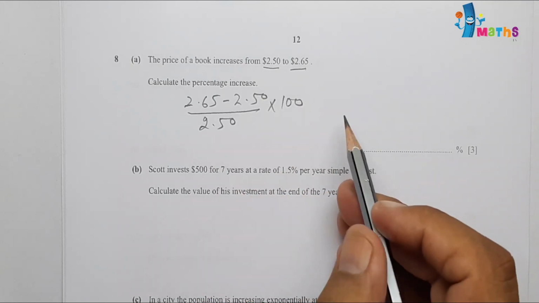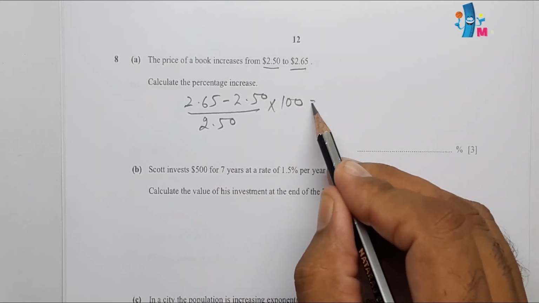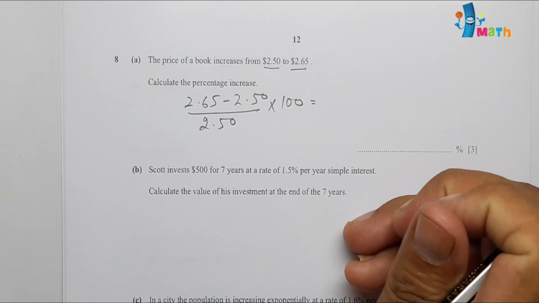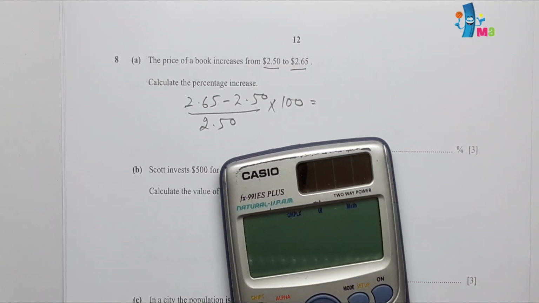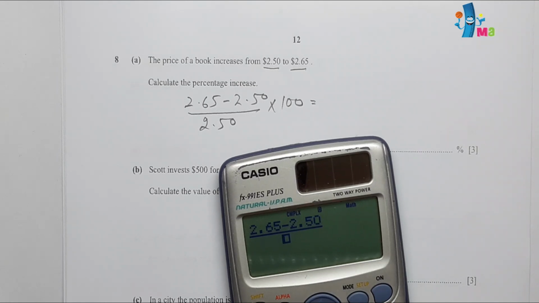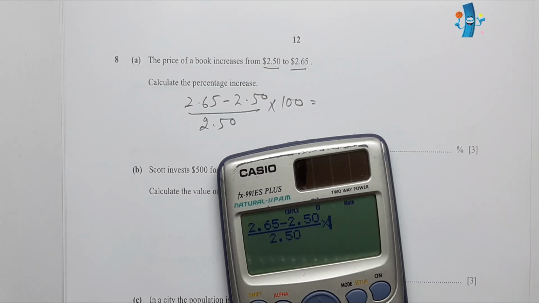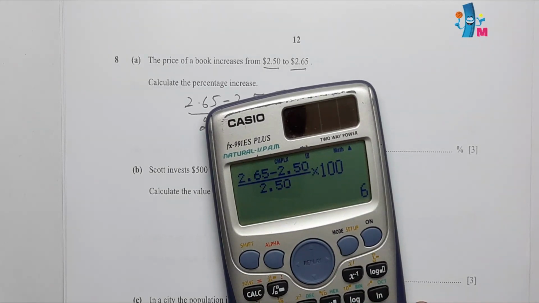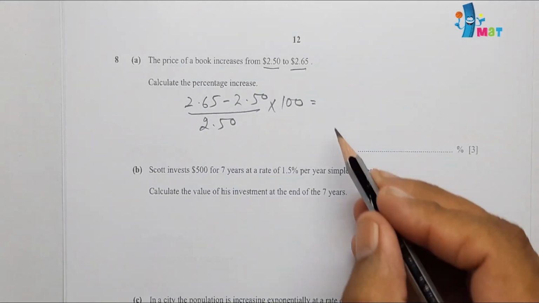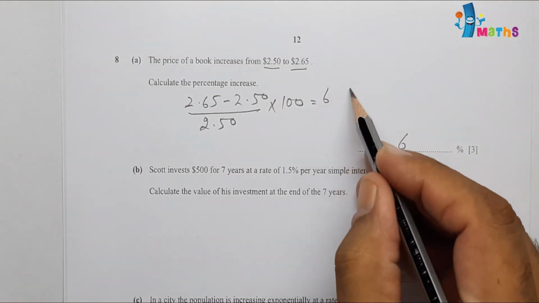So this will be the percentage, and if we calculate with the calculator, 2.65 minus 2.50 divided by 2.50 multiplied by 100 will be equal to 6. So this will be 6%. So answer will be 6%.